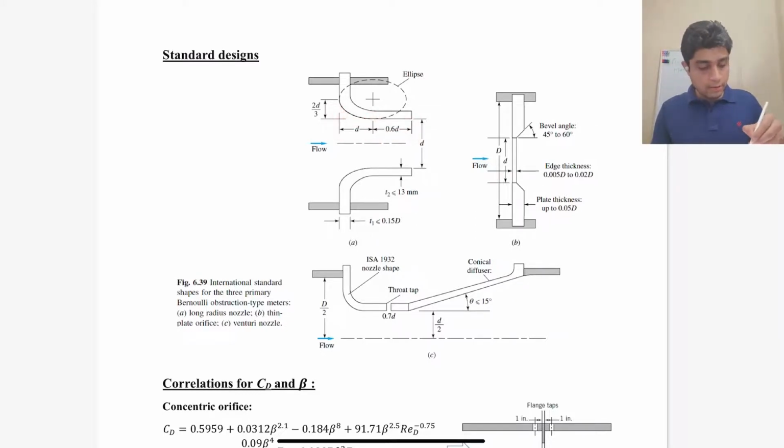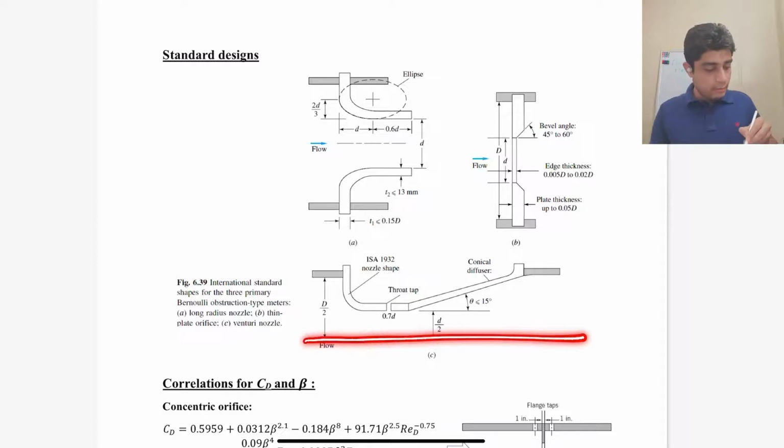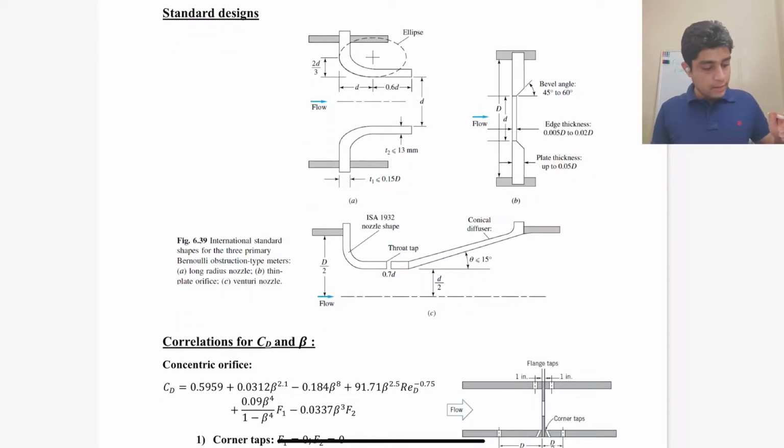Similarly, for an orifice plate, there are some standards for the angle that you use here, and for a Venturi flow nozzle as well, the half angle of the diffuser, and the place where you place your pressure taps have basically standard designs.